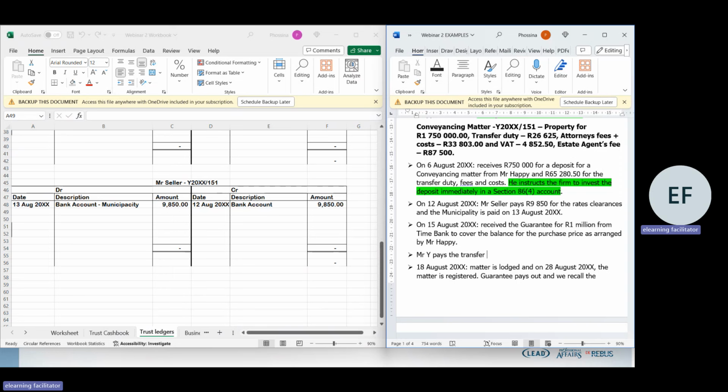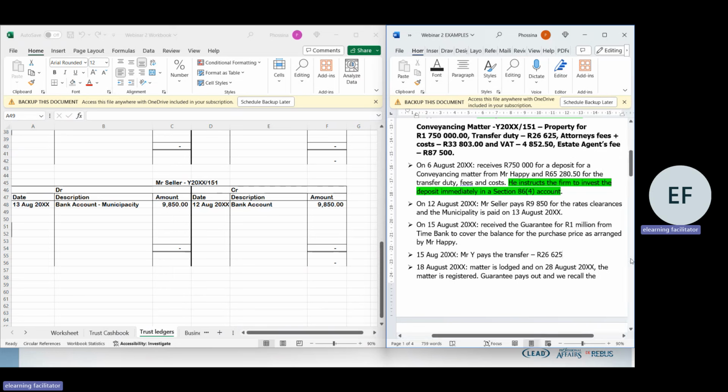So you go onto the SARS e-filing system, you lodge the matter, and after lodging the matter, they compute, and then they show you the duty. This is tax, which is due to the government, and then you pay. So Mr. Y pays the transfer duty. Let's say he pays it on 15 August 20XX. And how much is he paying? We are given that the transfer duty is 26,625.